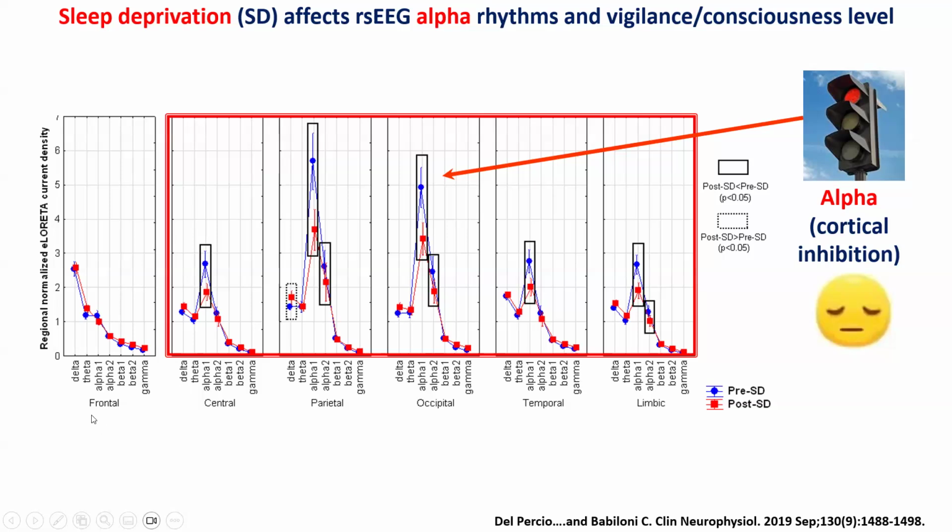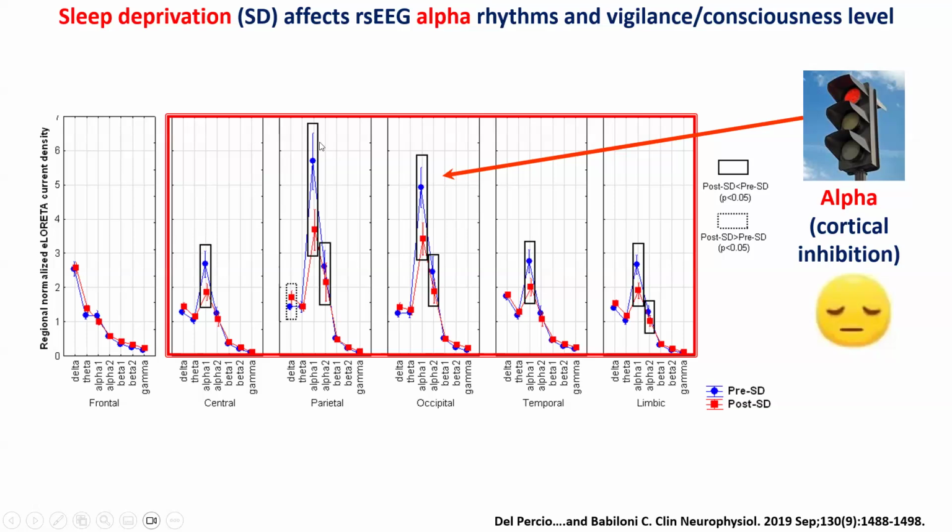And you see that we have also cortical regions of interest, frontal, central, which means precentral and postcentral or Rolandic, and parietal, occipital, temporal, and the midline limbic cortical structures according to the brain model of LORETA software.